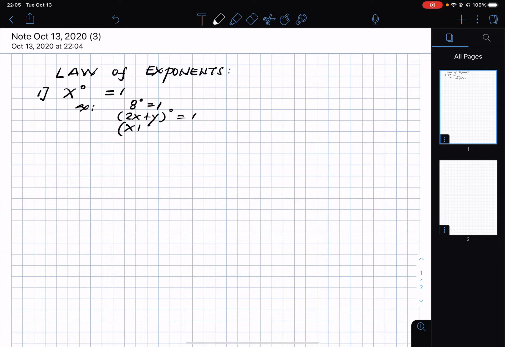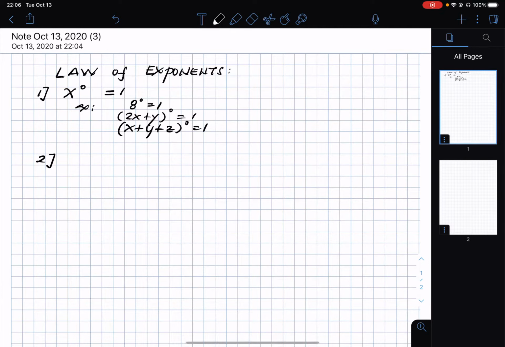Anything that is raised to 0 will give you 1, even if you have (x + y + z) raised to 0, still 1. So that's very clear. Anything that is raised to 0 will give you 1.